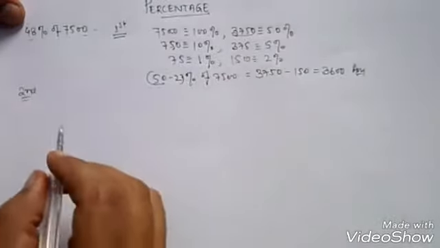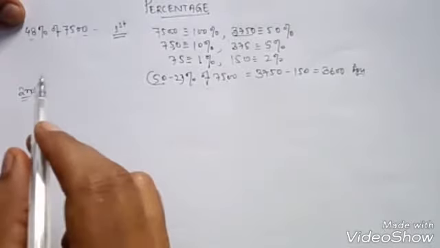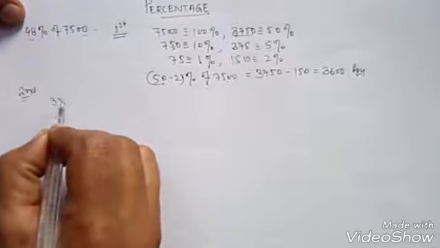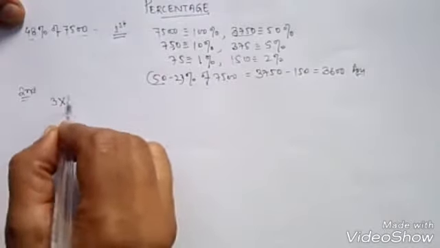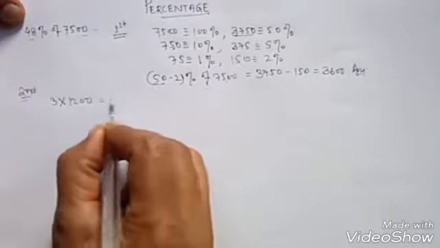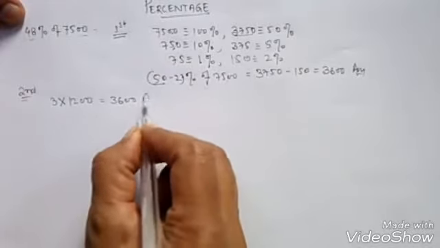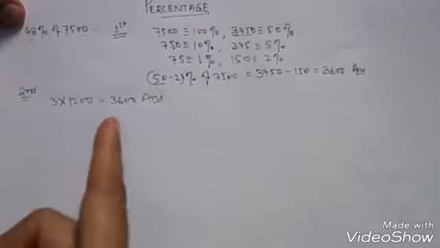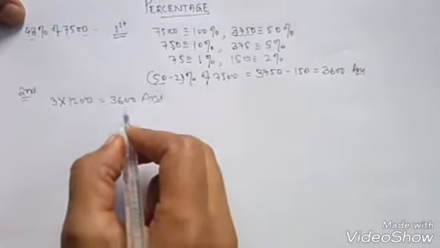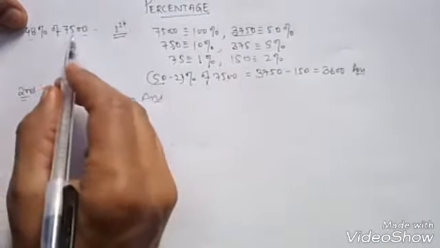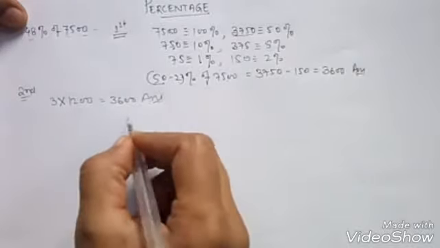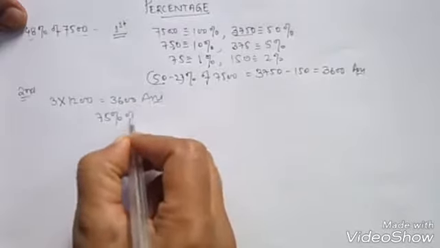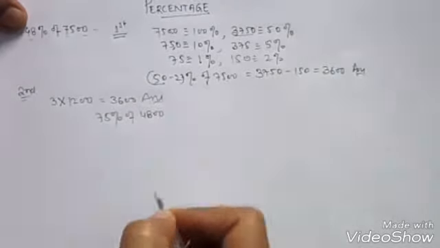The second method says, I will simply write 3 into 1200, which is equal to 3600, a direct answer. Now how did I do this? I simply take this 75%. Shall I write it as 75% of 4800?